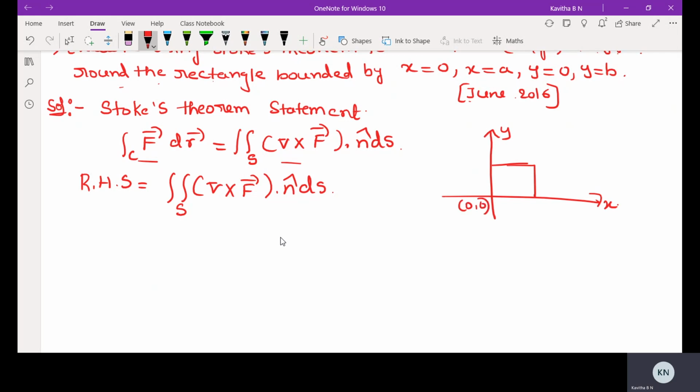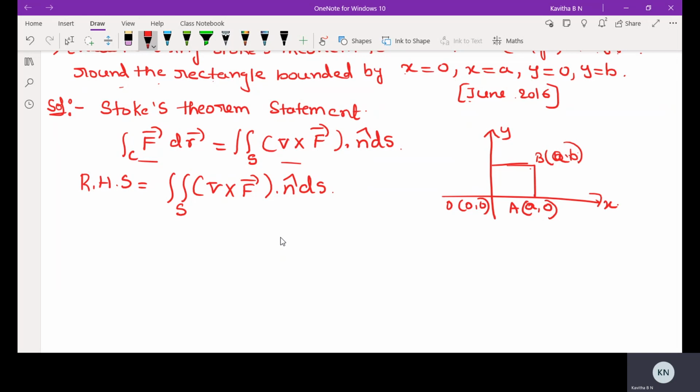The problem gives x is equal to 0, this is x is equal to 0, and x is equal to a, this is x is equal to a. And b here. This point is a, 0. The next point is b, the point here a, b.